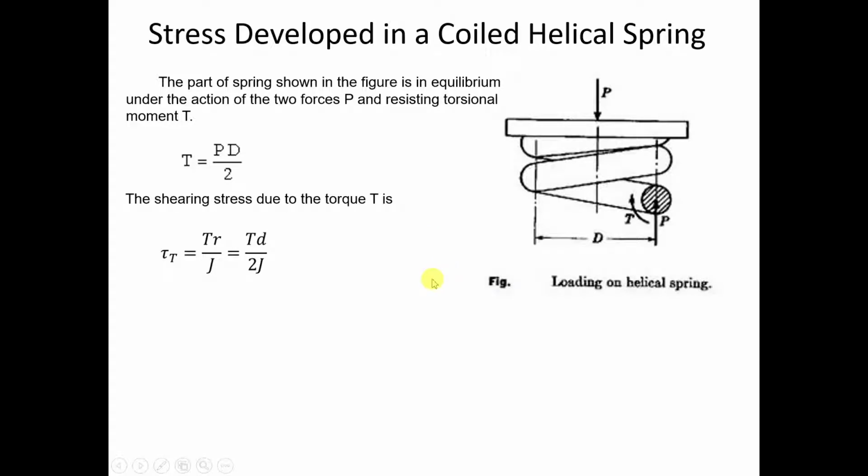And we know the shear stress due to the torque T is given by tau T equals TR by J, where R represents the radius of the wire and J represents the polar moment of inertia of this cross section. And if you replace this R by d by 2, this will give you Td by 2J.